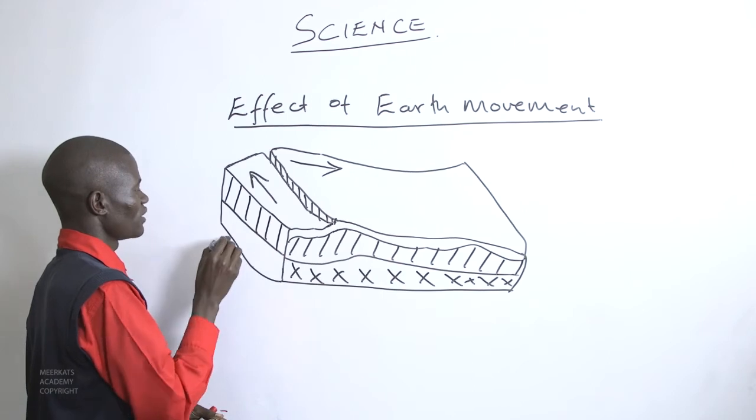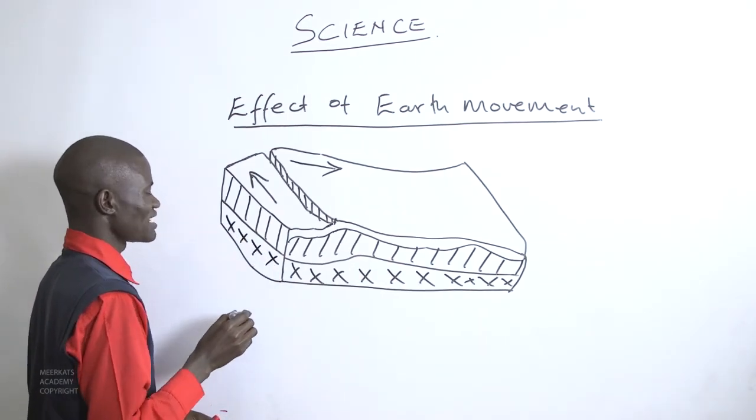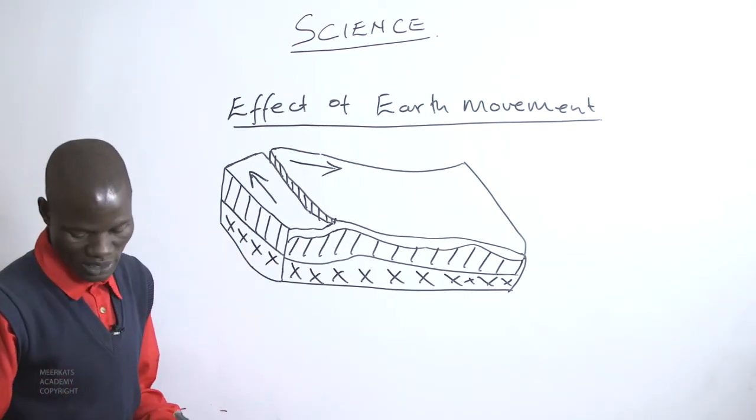As it moves, an oceanic plate meets a continental plate. What is going to happen?